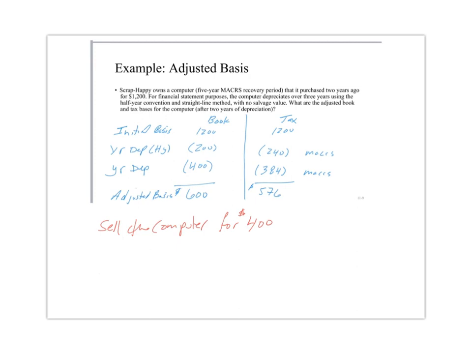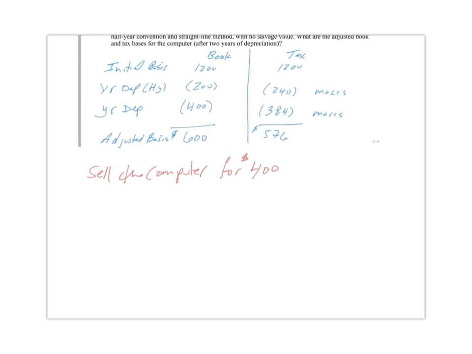Okay? All right. What is our gain or loss? Oops, I need to move up a little bit. Okay, so again, we've got book and we've got tax. All right.